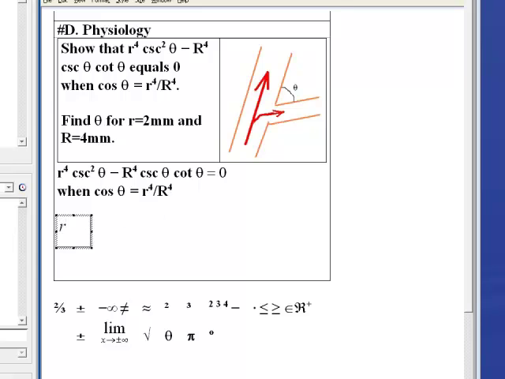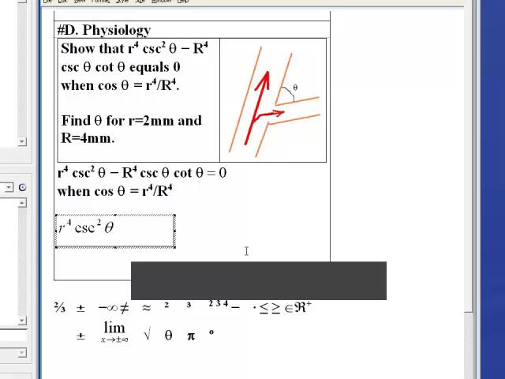So here we're going to have the original equation, R to the 4th times cosecant squared of theta minus r to the 4th cosecant theta cotangent theta equals 0.